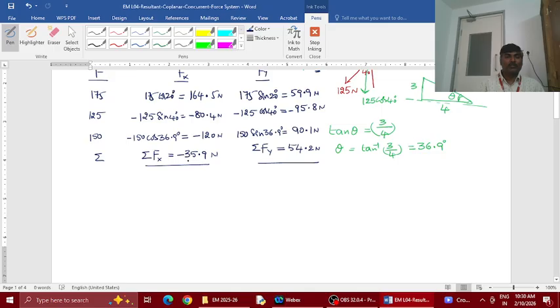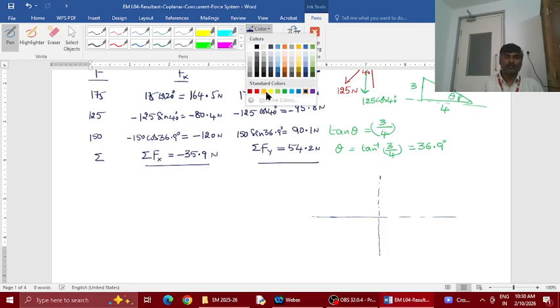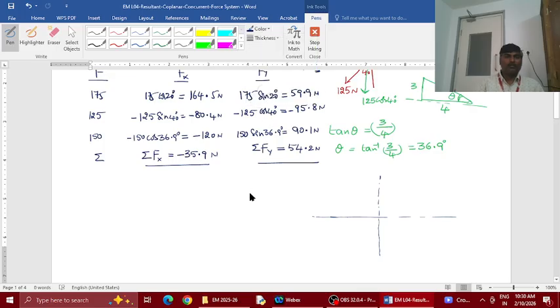Considering the x and y axes, the x force is negative, so it is plotted towards the negative x-axis, with a value of 35.9 Newton.